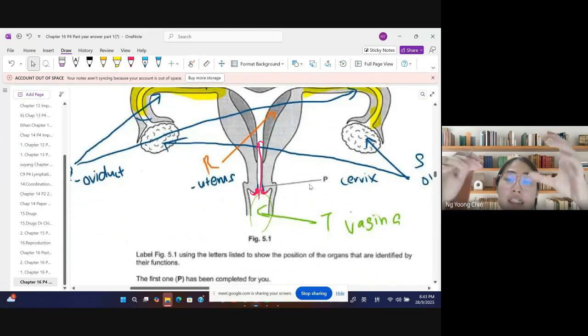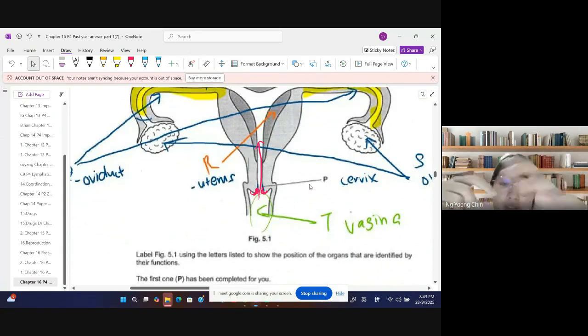The cervix is a very rigid muscular structure. It forms a muscular ring like this, and its purpose is to help protect the uterus lining.